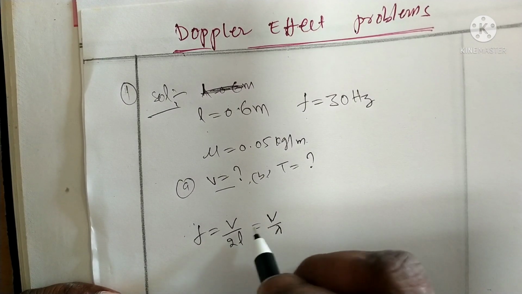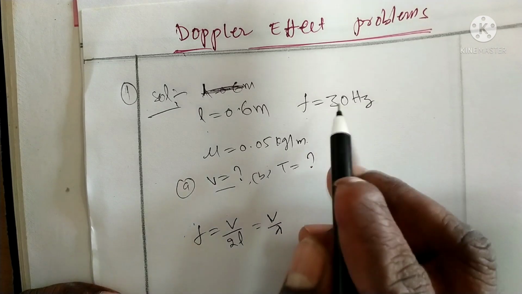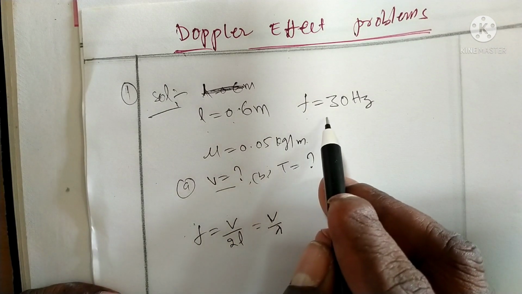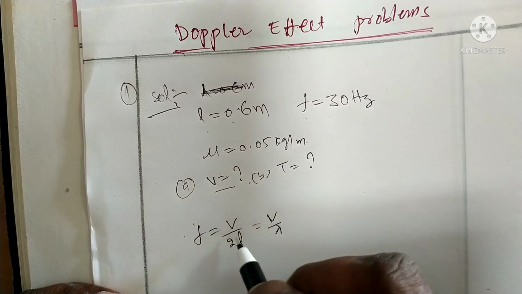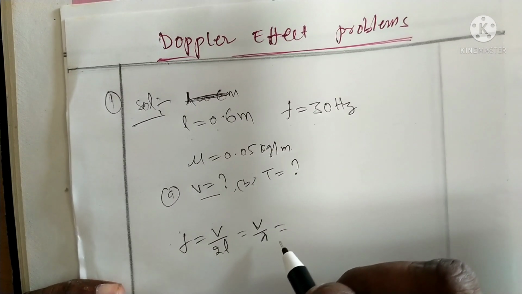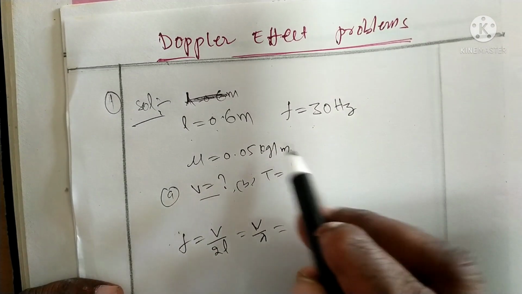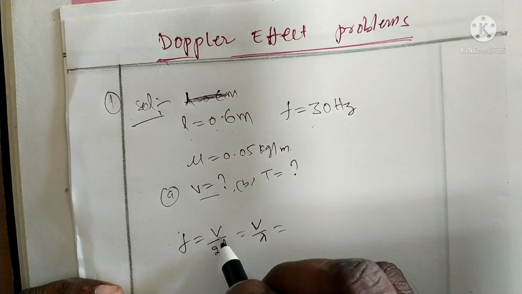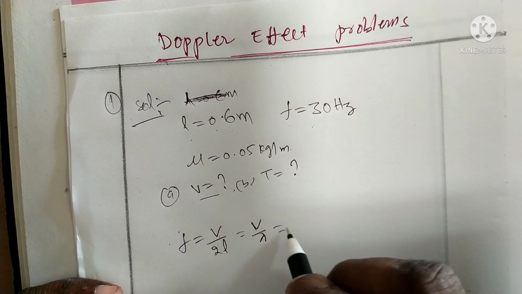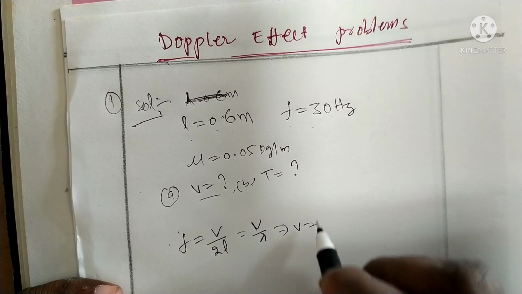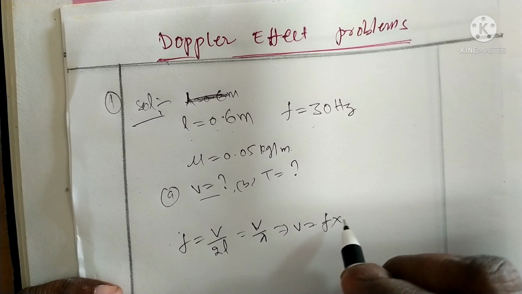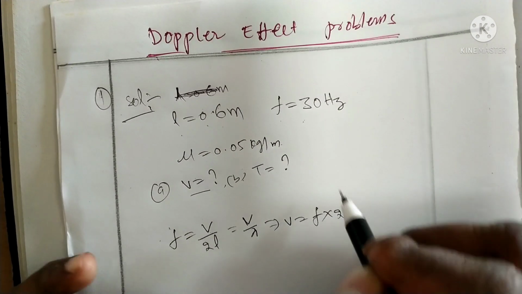We know the L value and the F value, so we substitute and get the velocity of propagation of the transverse wave. V is equal to F into 2L.